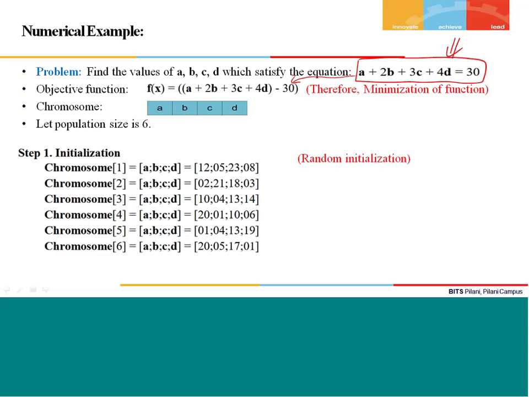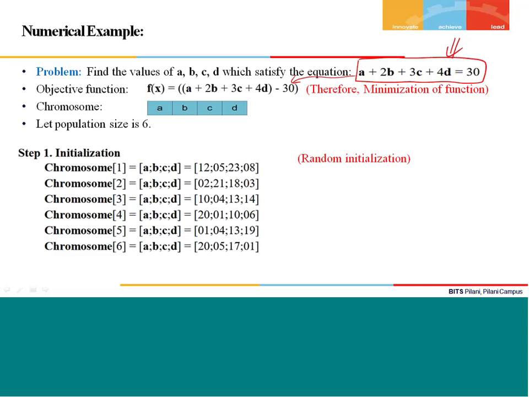And my objective is now to minimize this function, because once my a, b, c, d values satisfy 30, it means 30 minus 30 equals 0. So I will get 0 only when my a, b, c, d in the equation gives 30. So that is my objective now. I have to minimize this function f(x).